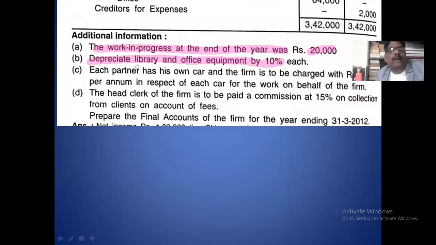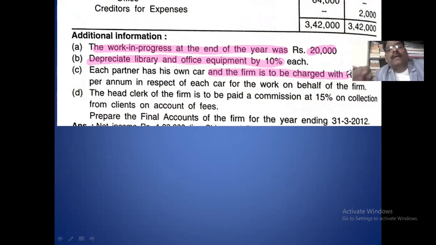The next is each partner has his own car. Car owner is the partner, and car allowance 6,000 rupees is charged per annum. So car expense charged is an expense to the profession and income to the partner.